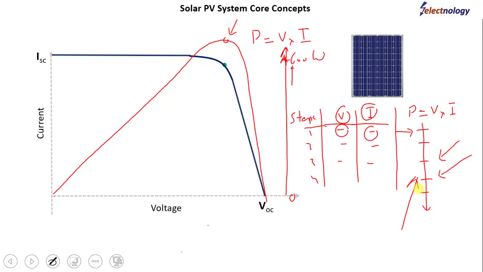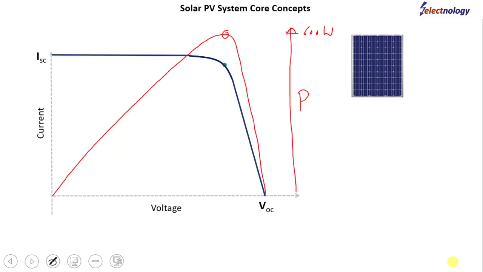This is called the maximum power point, meaning this is the point where voltage multiplied with current gives the maximum value out of the complete range of the PV module. So this point, which corresponds to this point, is called the maximum power point on the voltage and current graph, and for the power graph it is this point.